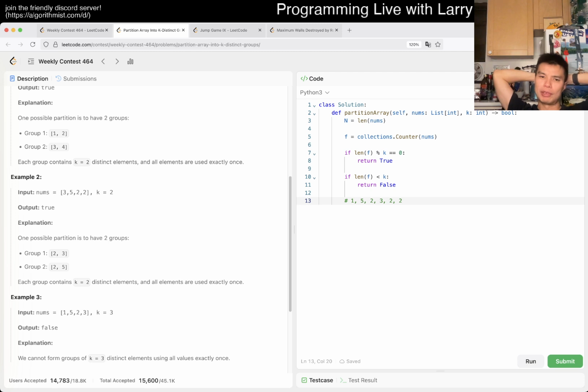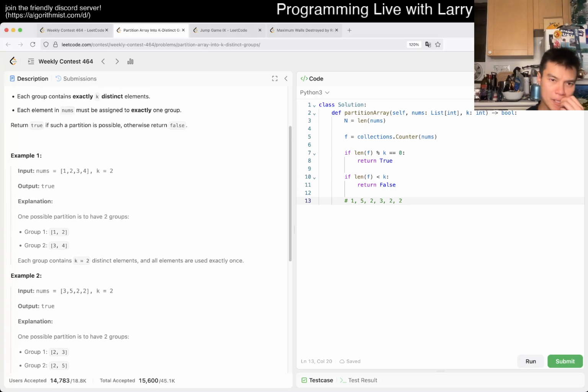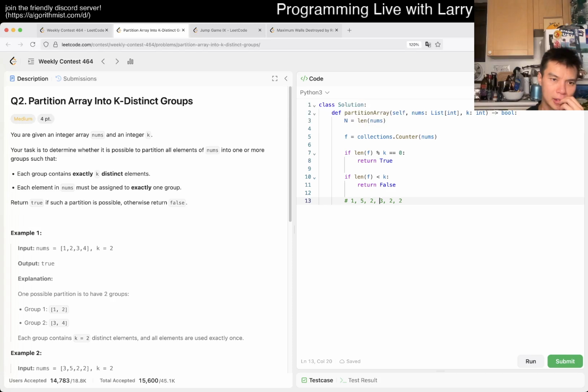I think I do a for loop on the groups, but I'm not quite sure how to do it. Yeah, I don't know how to do it.